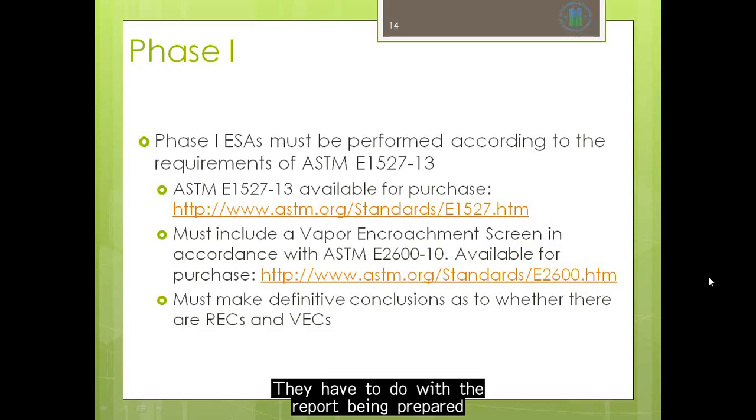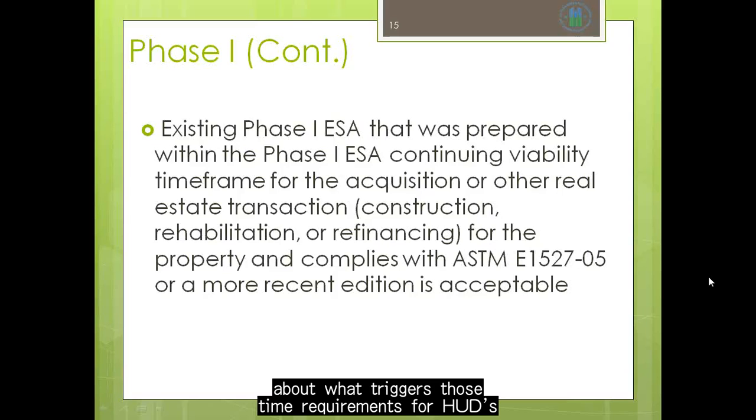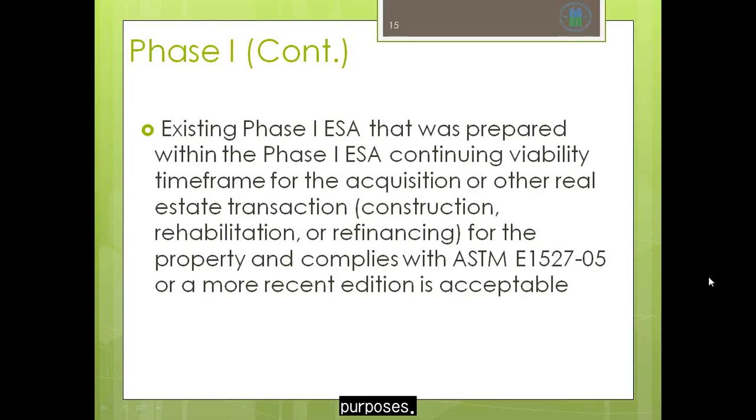They have to do with the report being prepared within a year of a real estate transaction and updated if older than 180 days. And that's the standard's requirements. Now, just to make things a bit more confusing, we've provided some guidance within this program's NOFA about what triggers those time requirements for HUD's purposes.